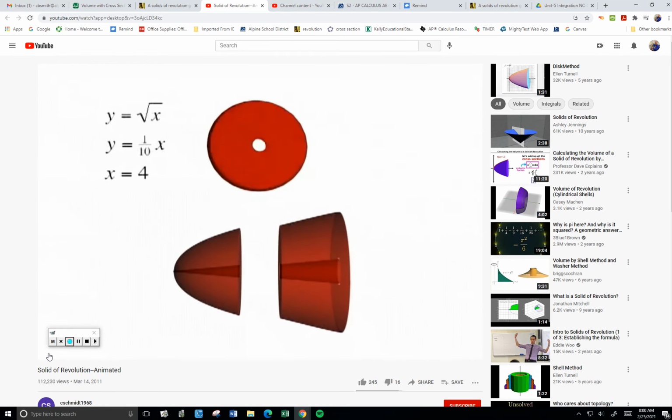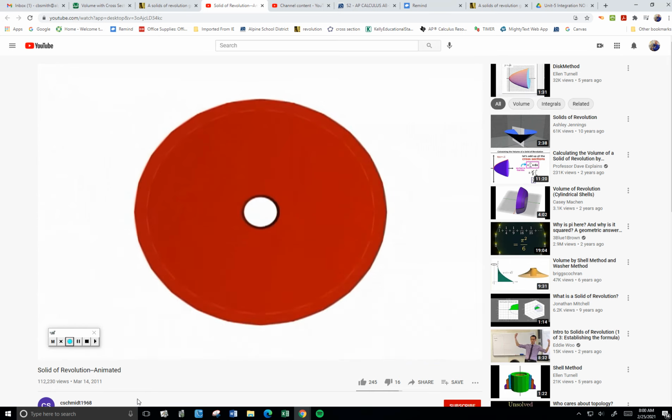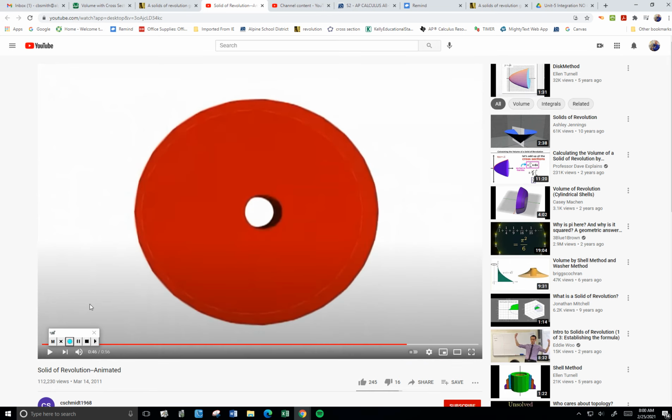So then there's the cross-section. There it goes. Questions? So that's exactly the same idea. This was created with a different shape, but same idea.